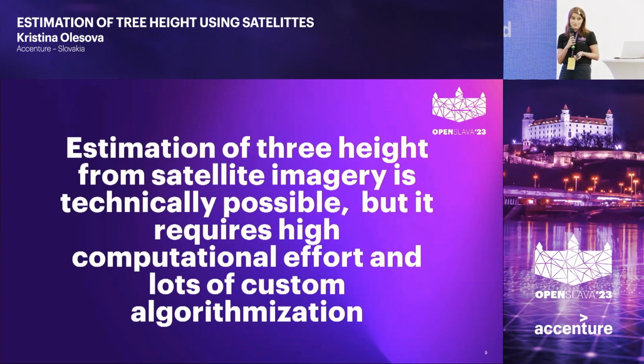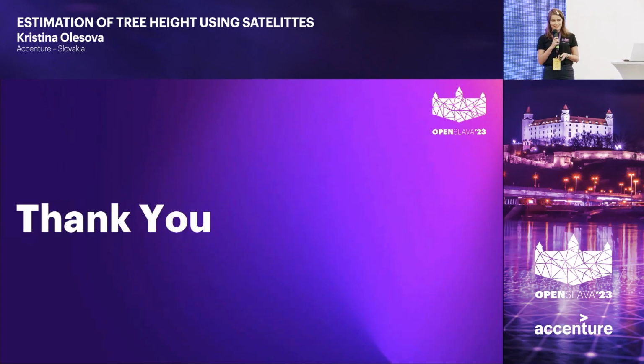But it requires a very high computational effort and lots of custom algorithms, because algorithms for trees are not that available. Moreover, you need to have a very precise terrain elevation model, so you can remove the elevation of the terrain from the elevation of the trees. So that's all from my side.